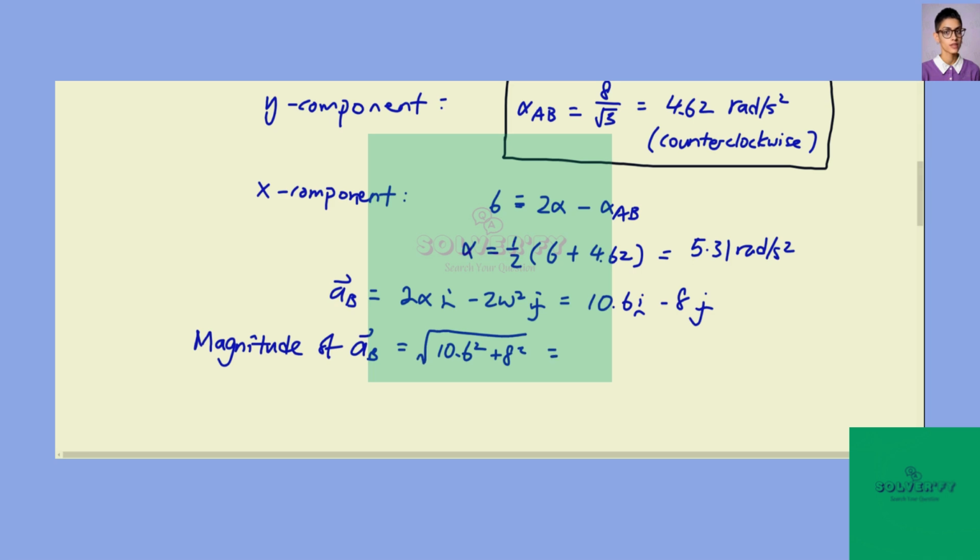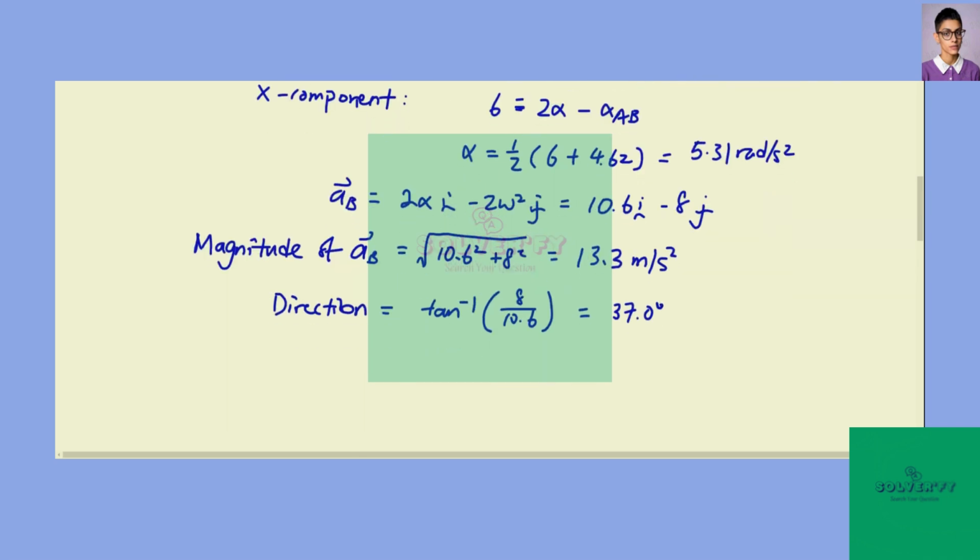And then the direction is equal to arctangent of the y component divided by the x component. This is equal to 37.0 degrees below the horizontal to the right.